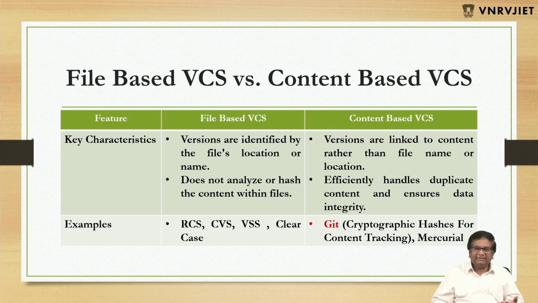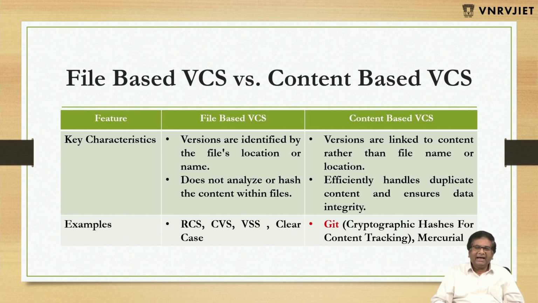Whereas in file-based systems, it's never possible. Again, a file-based system identifies changes by file location or file name, not by the content. Whereas a content-based system collects all the changes as one unit, makes it a small set of changes, hashes it and stores it.